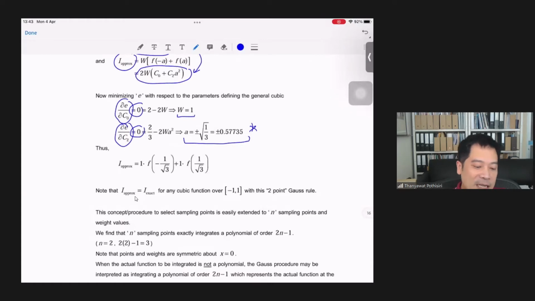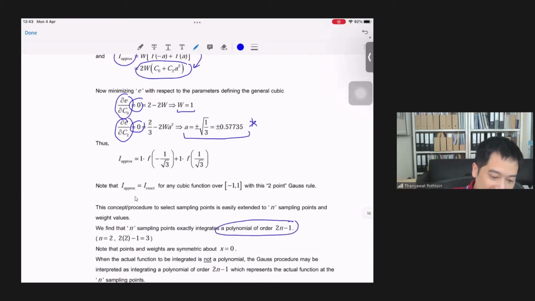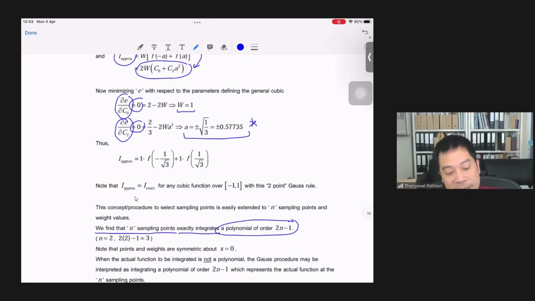So based on this concept, all right, you will see that if you have a polynomial of this order, you can use n sampling points to exactly integrate this polynomial, okay?